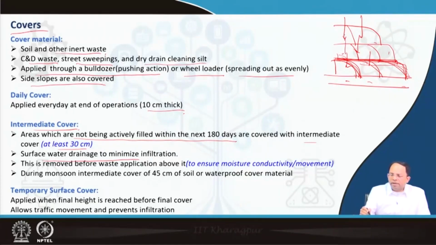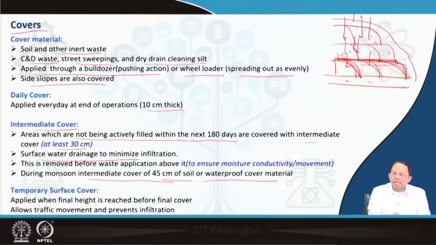Now the top cover is the one at the top. We will give this top cover so that we prevent water from getting inside in the first place, right? But once it gets inside, we should allow it to flow through. During monsoon, an intermediate cover of 45 centimeter soil or waterproof cover material is given.